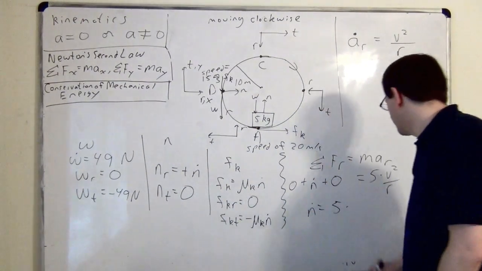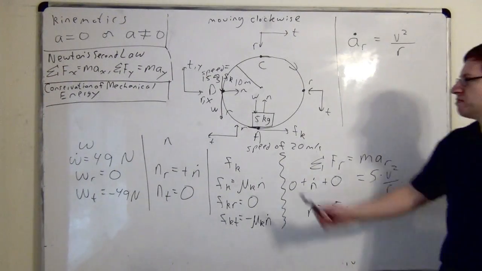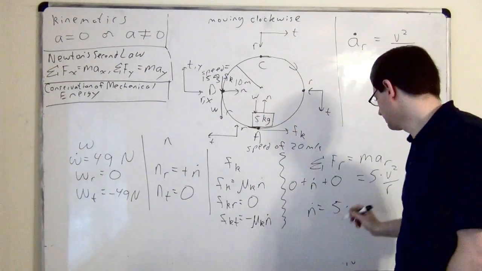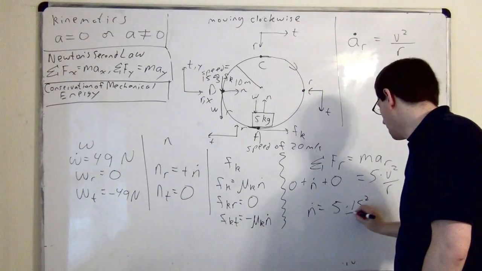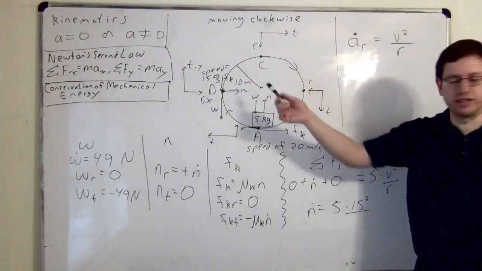And v would be 15. I just made up a number here, 15. And r would be 10. The circle hasn't changed, so r is still 10.